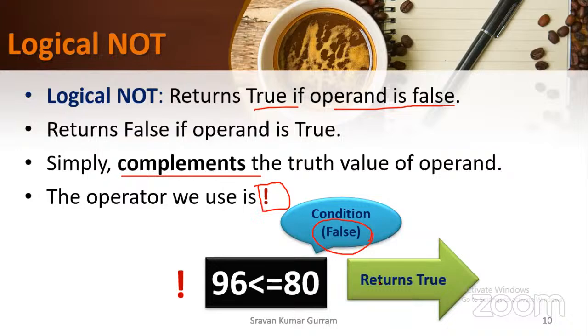True will be changed to false, false will be changed to true. It complements the truth value of the given expression or condition. So in our example, the truth value of our condition is false, but if we use the exclamation, nothing but logical not, before the condition, false becomes true.